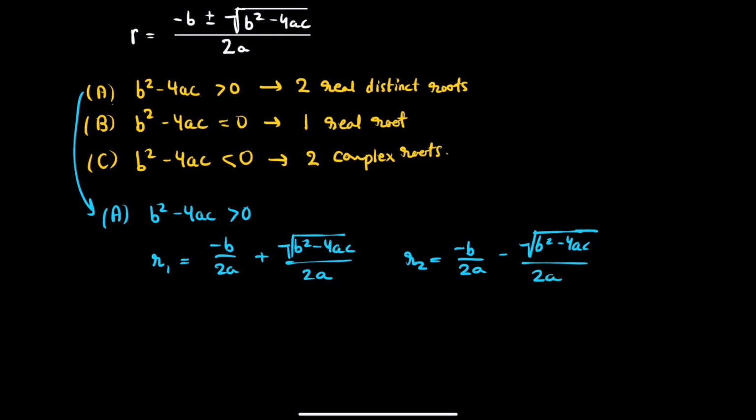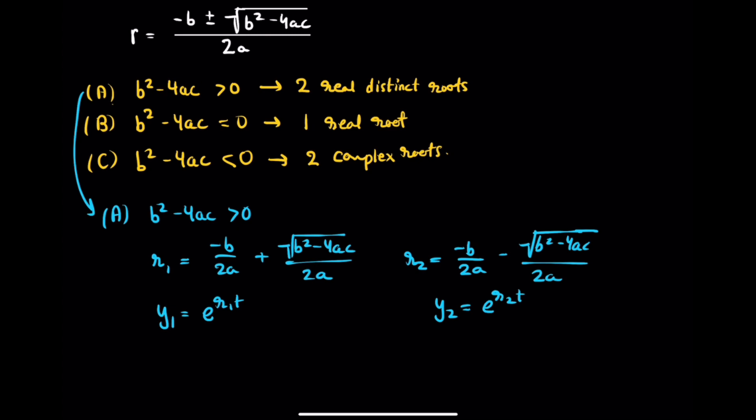And so those are your two distinct roots. Based on what our initial solution was, your y1 is going to be e to the r1t, and your y2 is equal to e to the r2t. So these are your two solutions that you get based on the roots.